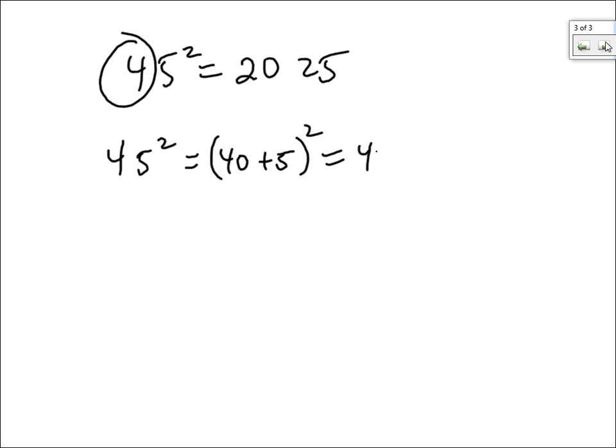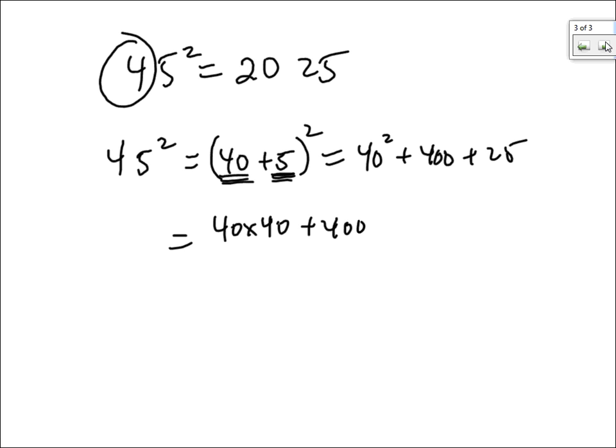So you square the 40, you do this times 2 is 10, times that is 400, plus the 5 squared. Now, 40 squared means 40 times 40, plus 400, plus 25.